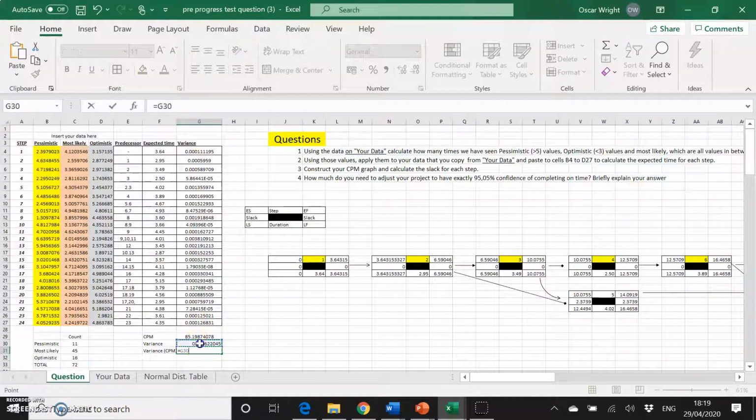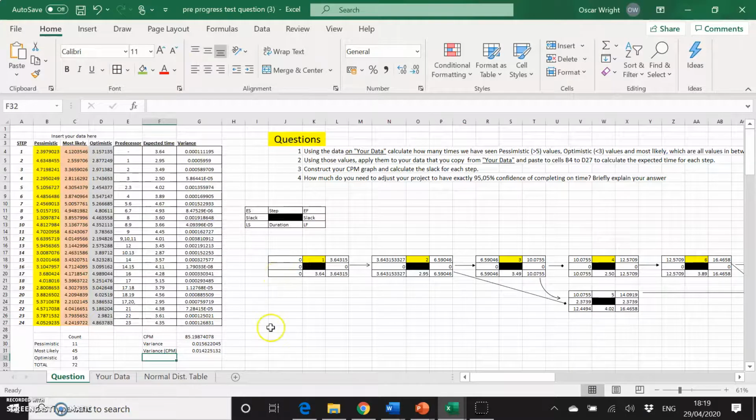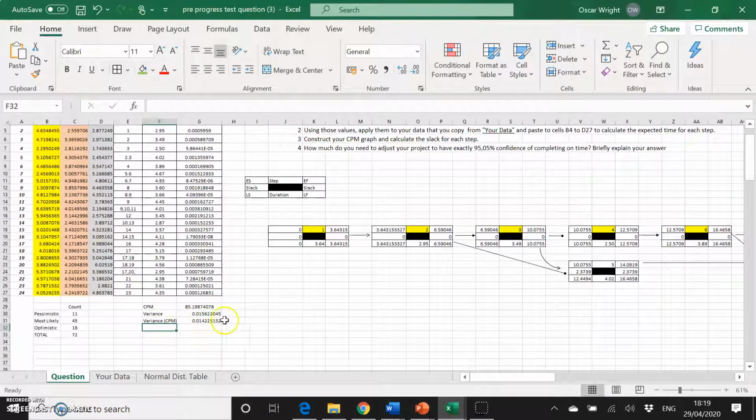So we're going to take this, and take away the variance of step 5 and step 10. So this is step 5, you can clearly see here. Take away this value, and we'll take away the number 10 as well, which is this value. And that gives us a total variance for the CPM of 0.0142253132.